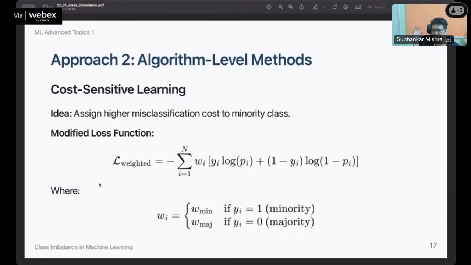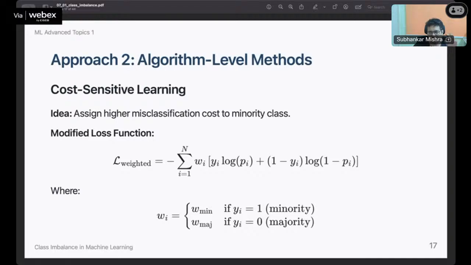Now that we have covered data related algorithms, SMOTE and variants, we can move to algorithm level variants. This is one of the things we discussed in an earlier question. It's called cost sensitive learning. The core idea is basically to make misclassifying the minority class more expensive.